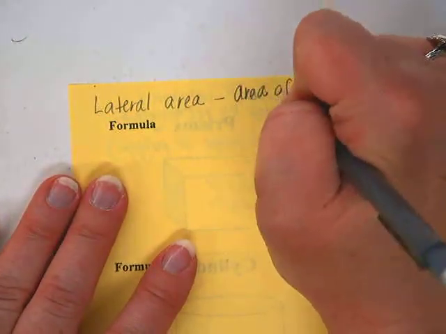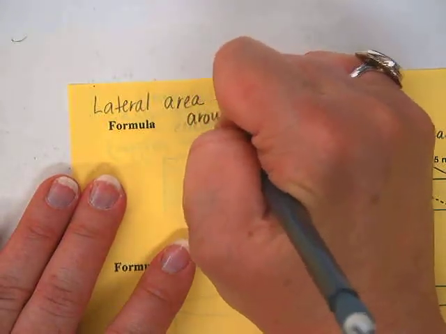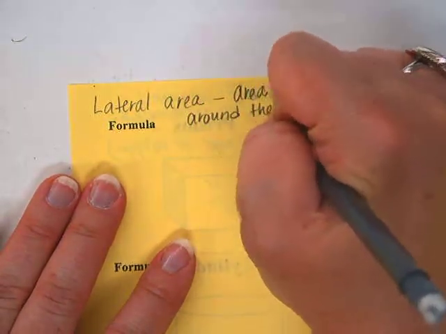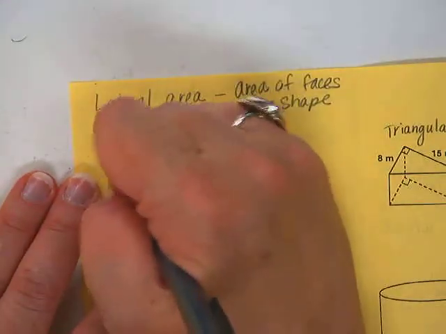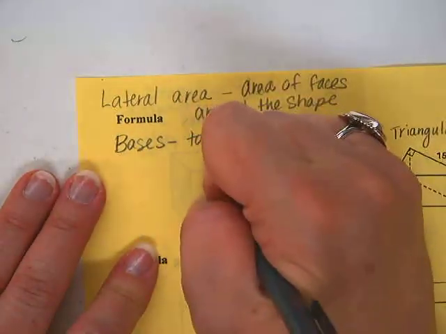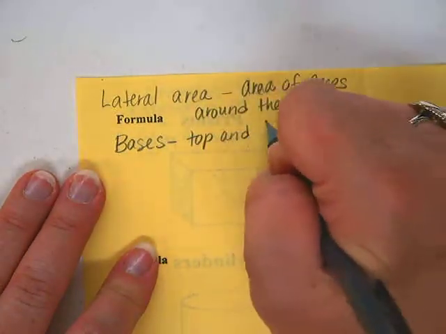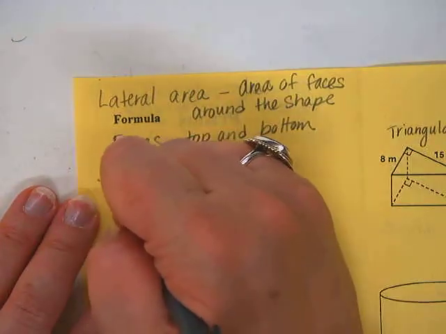So it's kind of what it says it is: the area of the faces around the shape. Okay, and then we have bases. Bases are the top and the bottom of the shape.